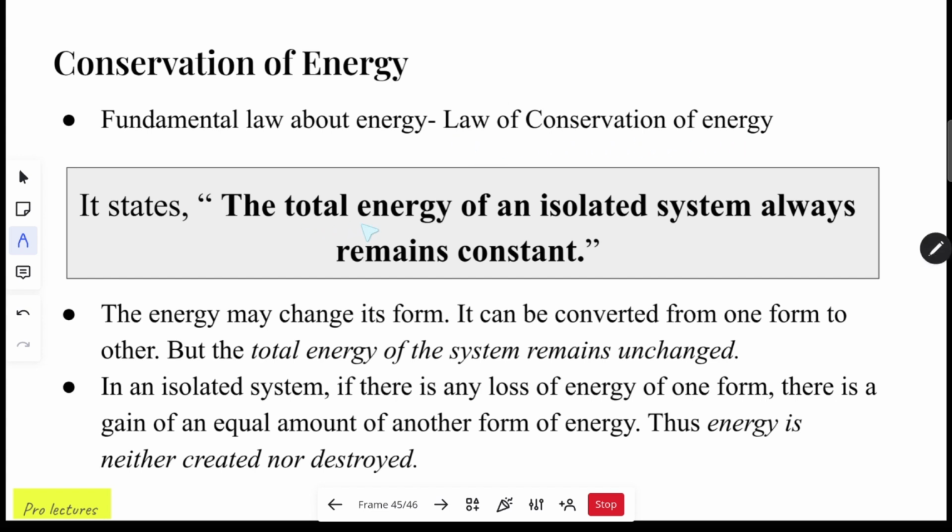It states that the total energy of an isolated system always remains constant. It can only be changed, but the total energy will always be constant. In an isolated system, if there is any loss in one form, there is an equal gain in another form. Thus, energy can neither be created nor destroyed.